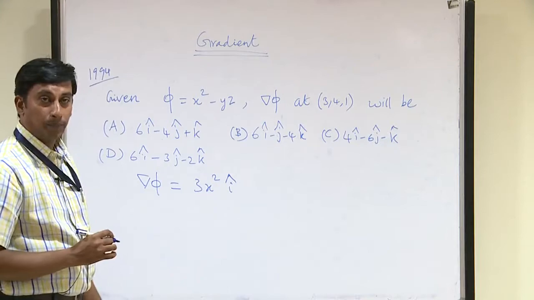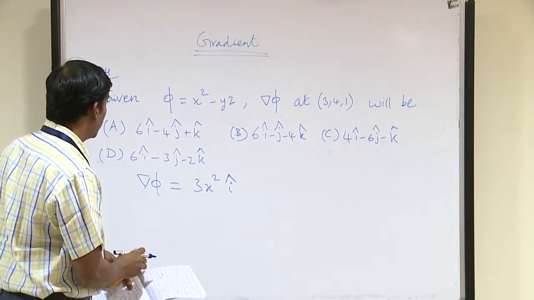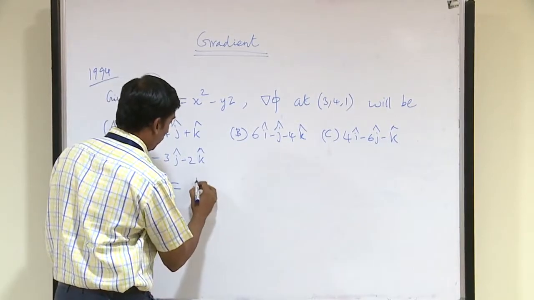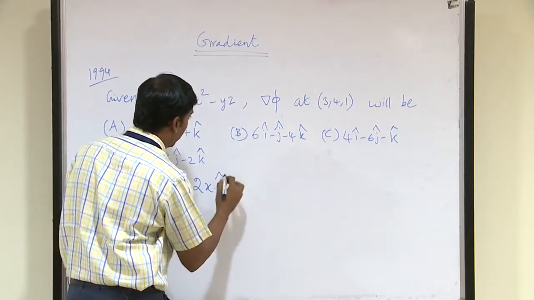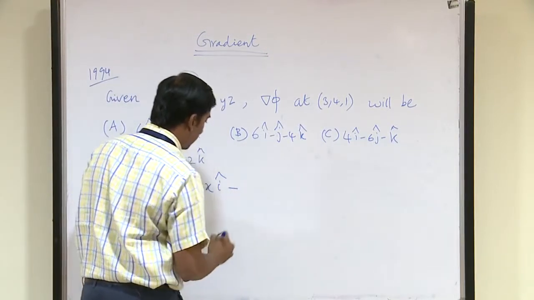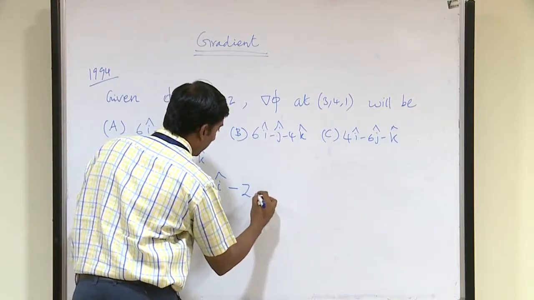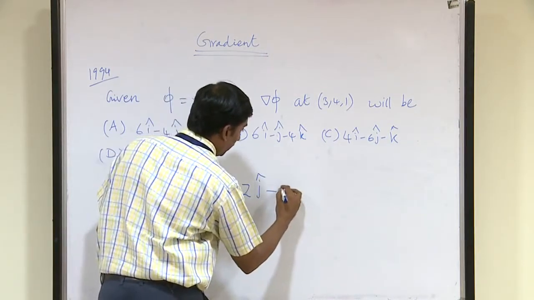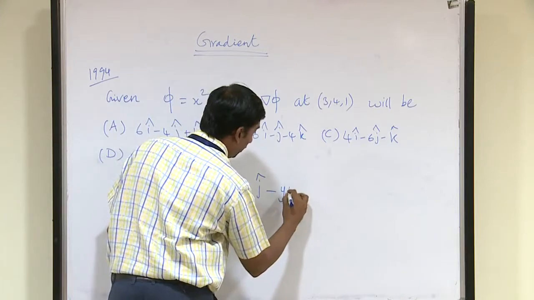Correct? So what is that? Sorry. 2x i cap minus z j cap minus y k cap.